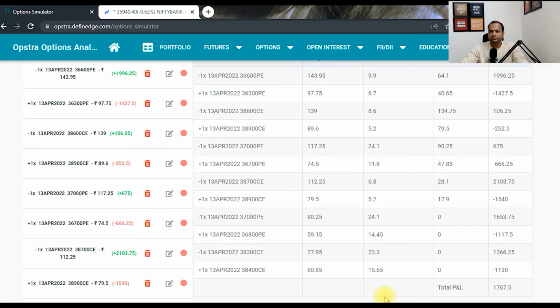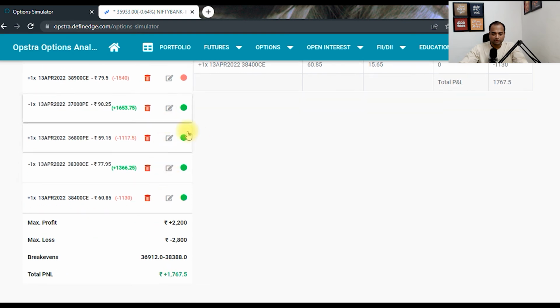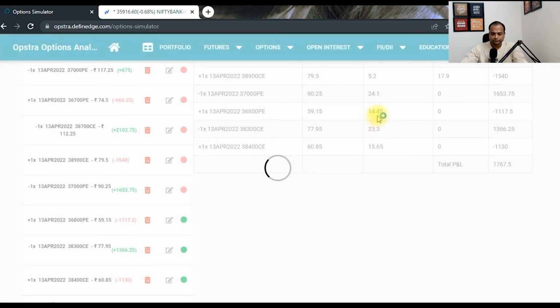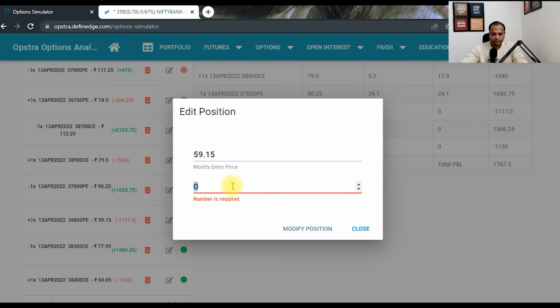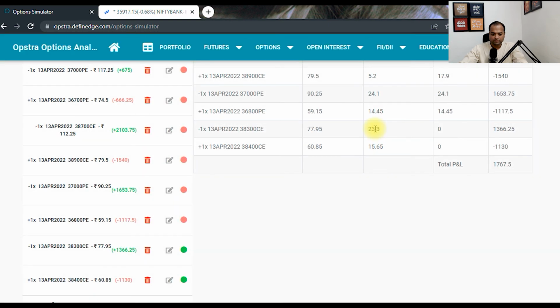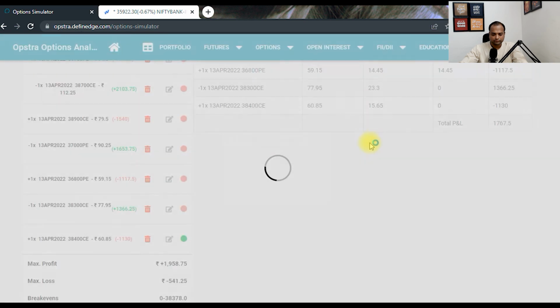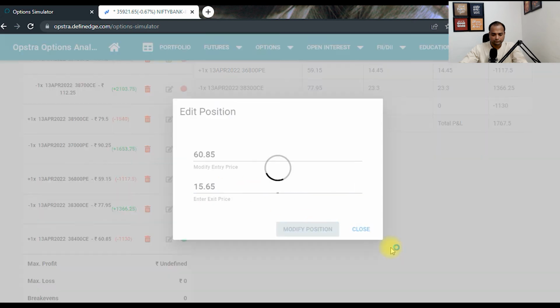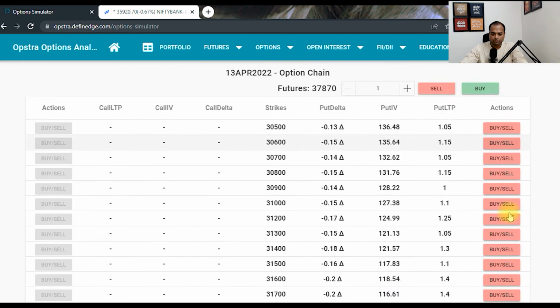But let's assume that we did not close it and we move to the next day. So let's see what happened in that case. Again, I'm going to close these trades. 24.1, 14.45, okay, and new trades.